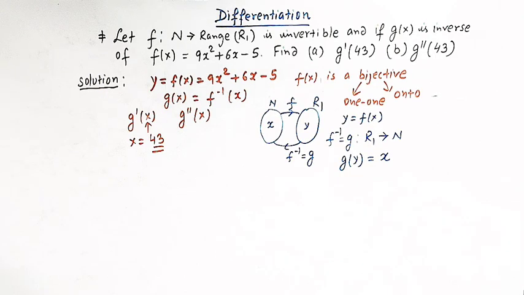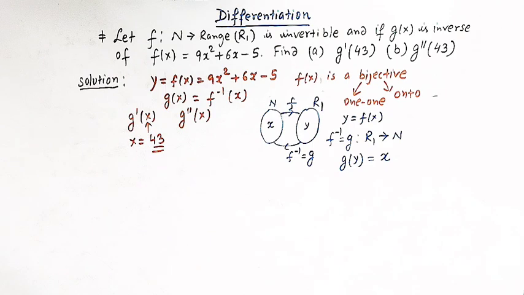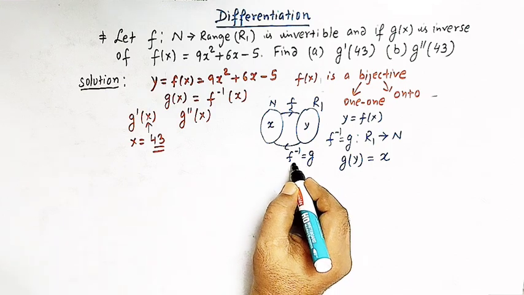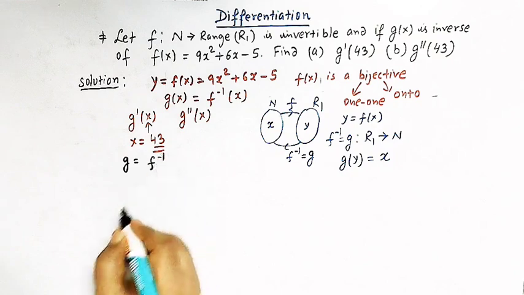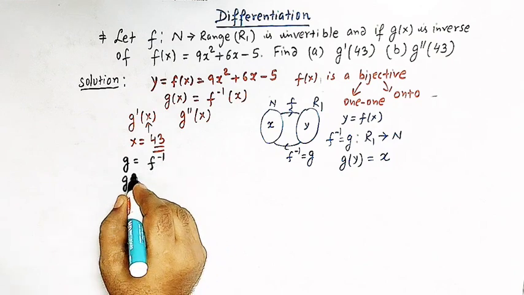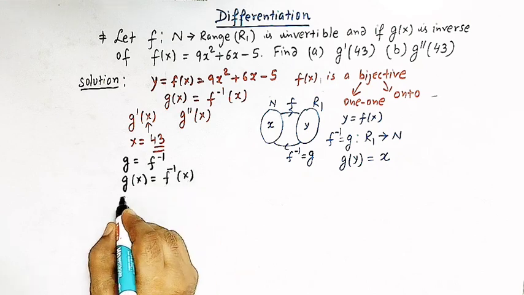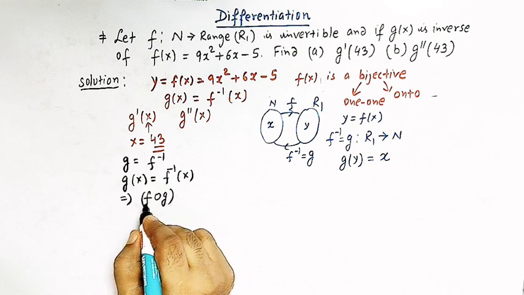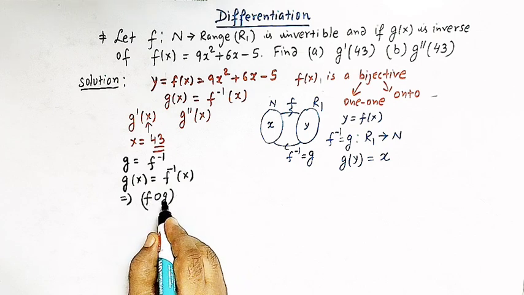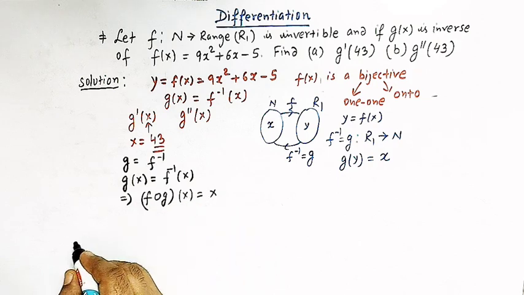So now let us derive an expression for g prime of x, that is the derivative of the inverse function. So now let us start with this expression, that is g is equal to f inverse, right? So we can now write g of x is equal to f inverse of x, and this can be written as f o g, that is the composition of f and g when we have the input x, is equal to x, right?